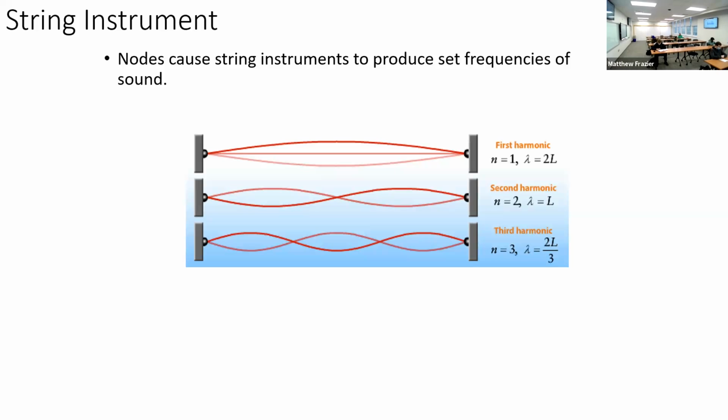And so in the first one, what we have here is that L, the length here is going to be this distance. And so L here is lambda over 2. And basically you see half a wave there, and it oscillates in the middle and it's fixed on the 2 ends.